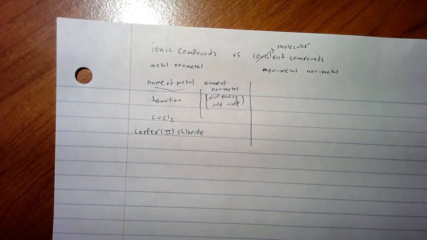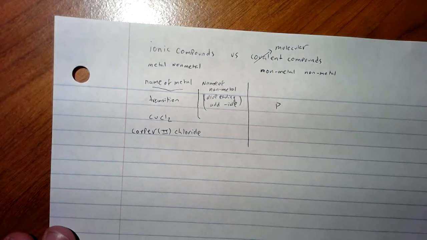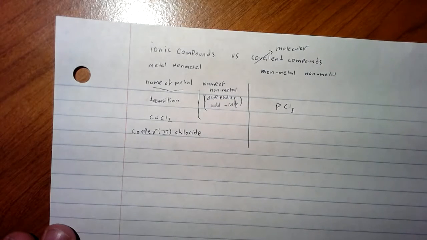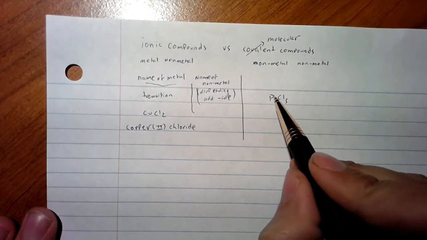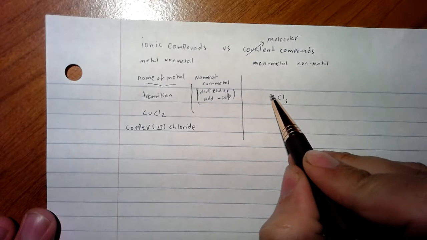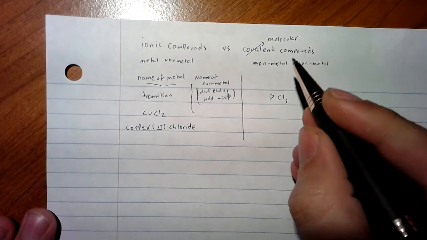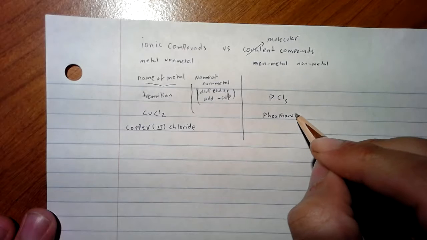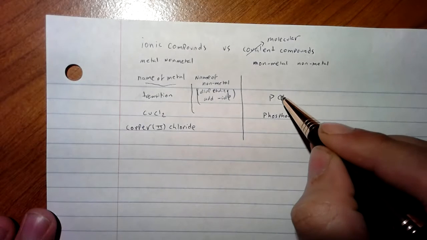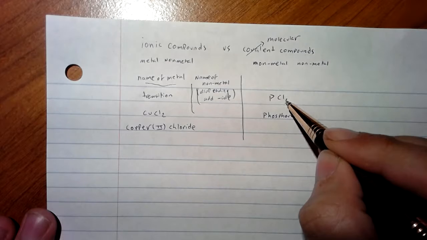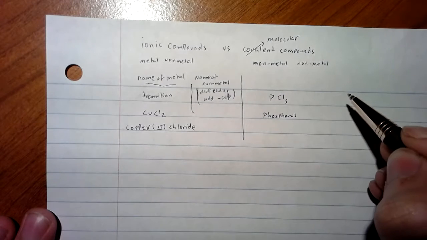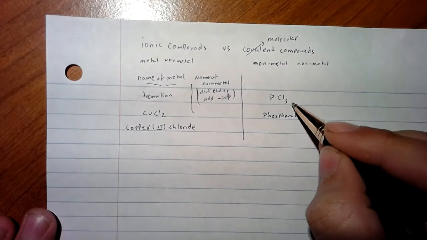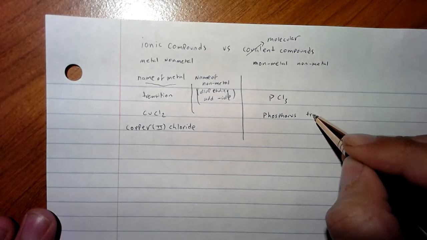The first one is P, and then you have Cl3. When the first element only has one atom, then we just write its name. So it's phosphorus. There's only one atom. The second element has 3 atoms. That's what the little 3 subscript indicates. So we have 3 chlorine atoms here, and what we need to do is use our prefix, which is tri.